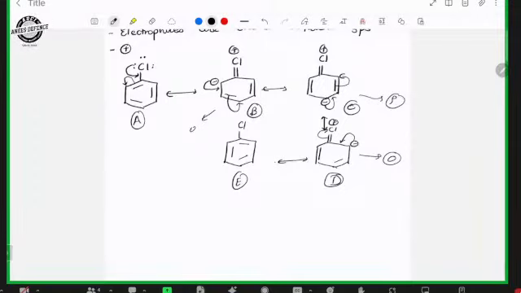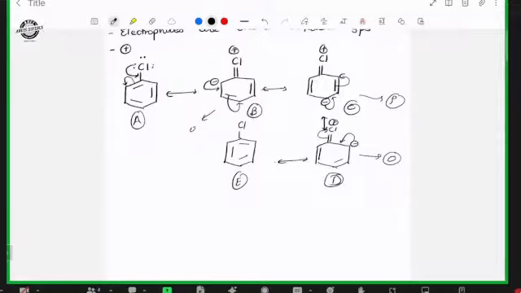So here the electrophiles are positively charged species, so obviously they will attack the species that is negatively charged because opposite species attract each other, right? So the positive electrophile will attack the negatively charged carbon atom. So the attack will take place at only ortho and para position. There is no charge on the meta position, so there will be no possible attack on the meta position. So we'll get a product at either ortho or para.